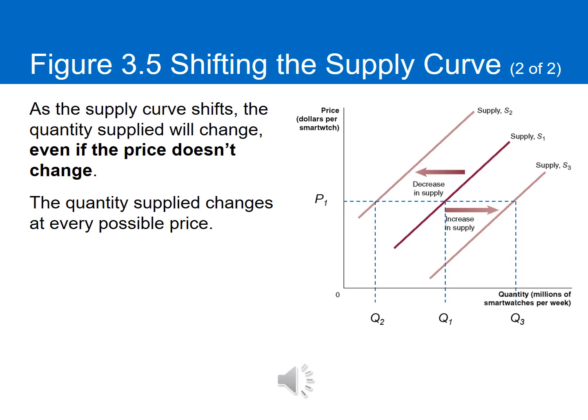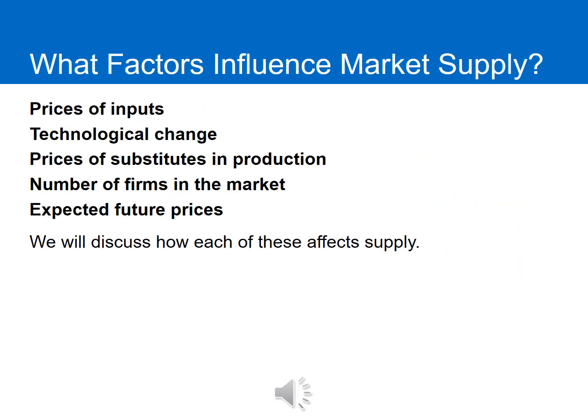Conversely, if the supply curve shifts to the left, if we experience a decrease in supply, and we stay at that price at P1, the quantity supplied is going to decrease from Q1 to Q2. So what are these factors that influence the market supply, that shift the supply curve? This is fairly similar to the determinants that shift the demand curve.